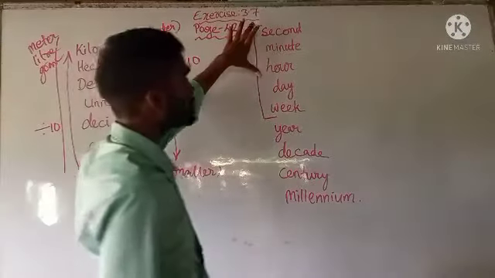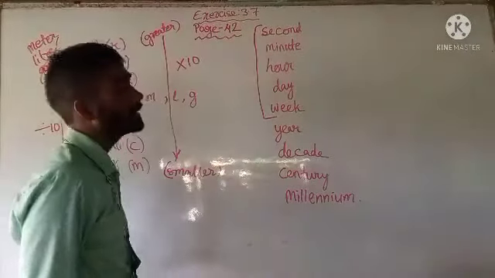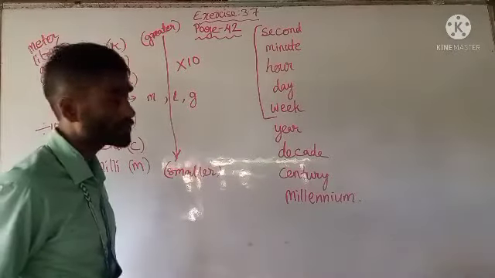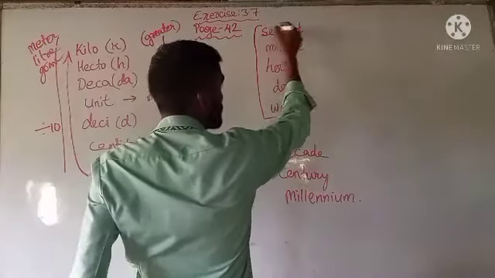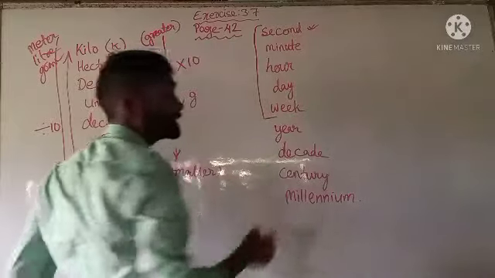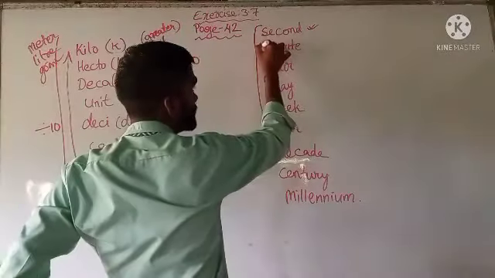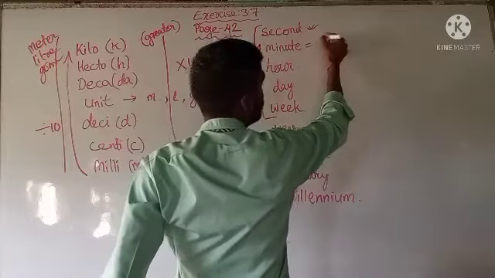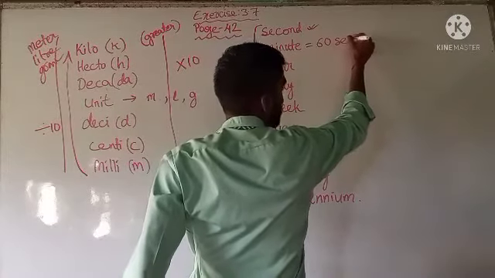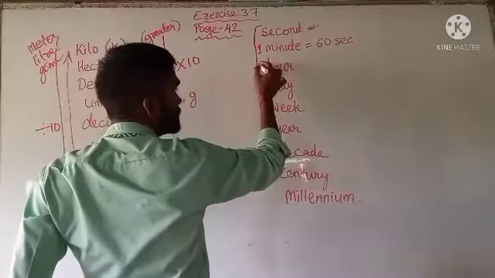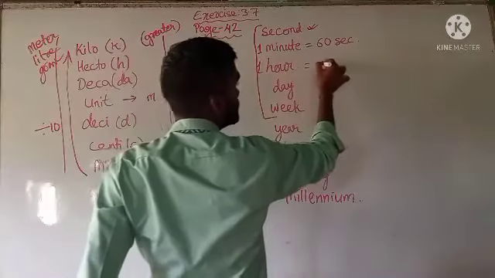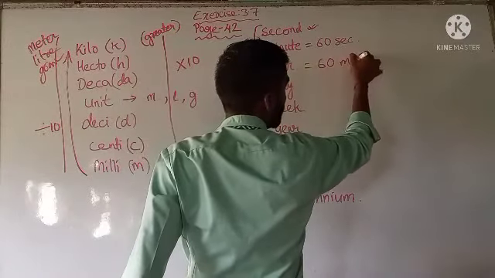Now here, when we are coming across the conversion of these times, there are different units used. First, the smallest one is the second. In 1 minute, it is equal to 60 seconds. Now, 1 hour has 60 minutes.